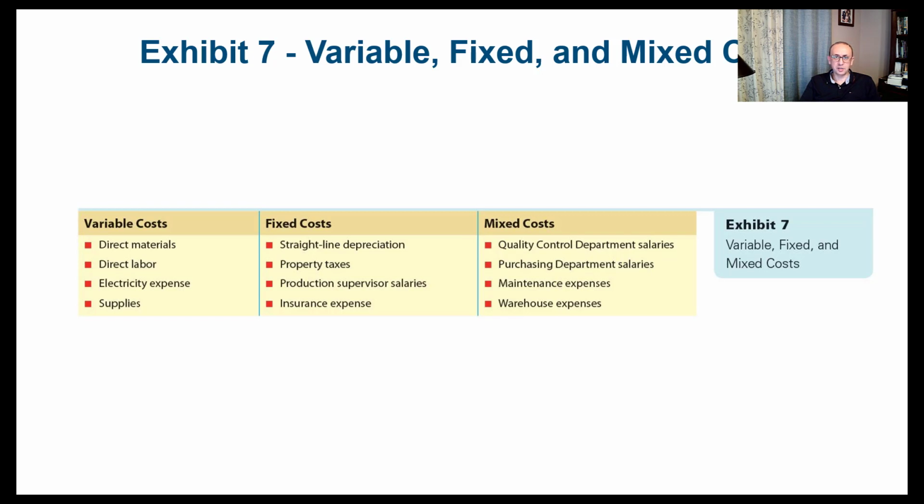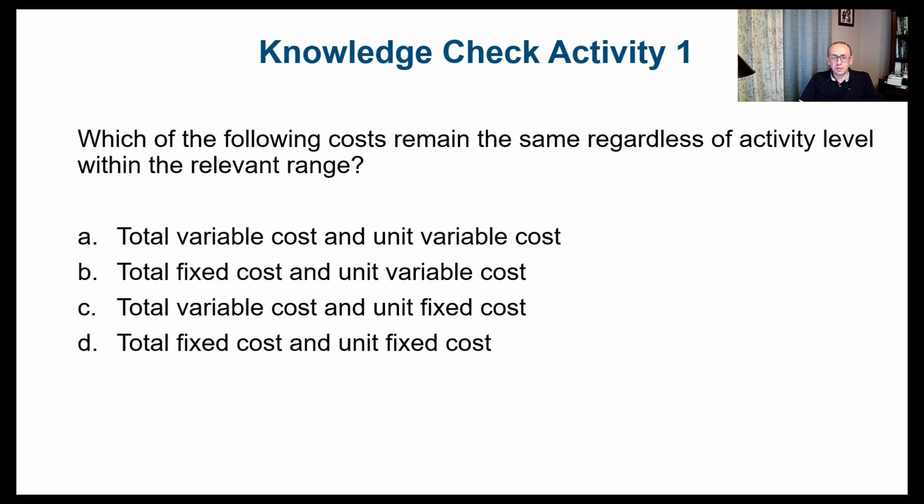So let's try a knowledge check activity here. Which of the following costs remain the same regardless of activity level within the relevant range? Is it variable cost or fixed cost?